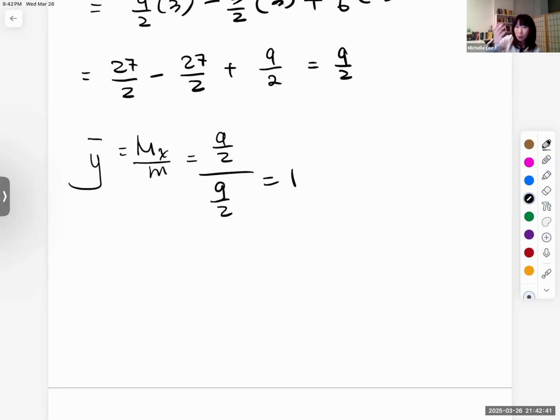So we call this a centroid. If the density function is constant, let me write down, the center of mass is (1, 1).